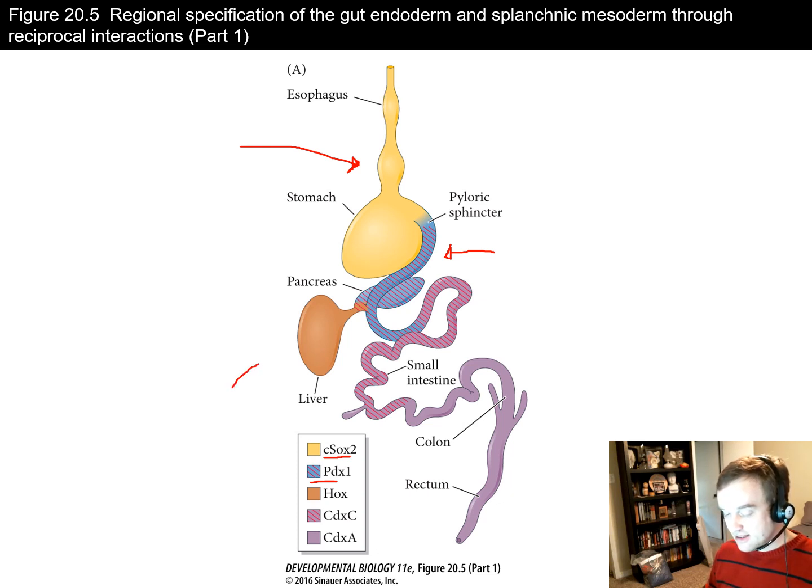We have the HOX genes that will help to specify the liver. CDXC will lead to the development of the small intestine in addition to PDX1, so the more anterior portion of the small intestine. CDXA will help to develop the large intestine, colon, and the rectum.